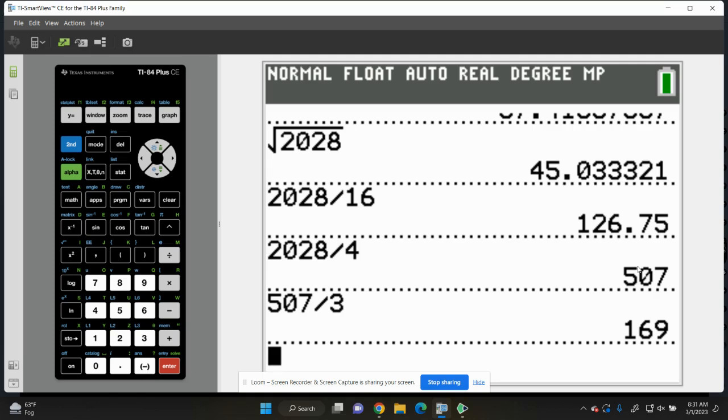So the numbers that came to my mind were 3, 7, and 9. I started with 3, and that worked out nice because 169 is a perfect square.